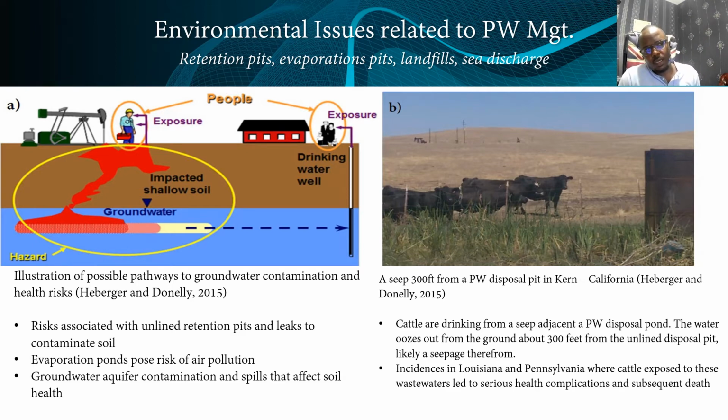These leaks could also contaminate nearby groundwater sources, which could affect our drinking water, and also, as you can see on the other image, the drinking source for cattle. There have been recorded incidents of cattle death associated with drinking some of this contaminated water.